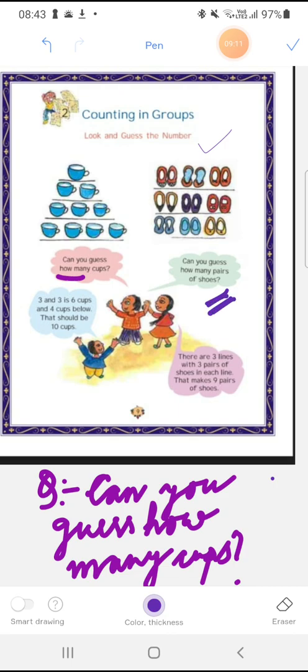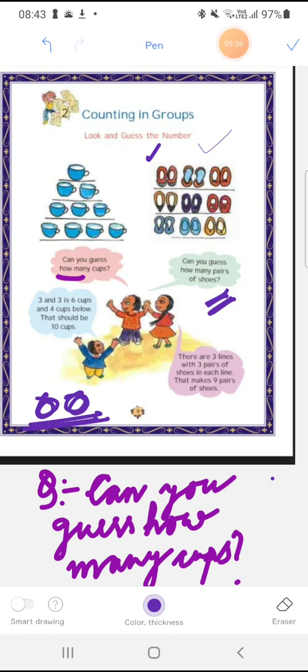Pairs means what? 2. Anything which is in pair. Suppose these 2 balls. When it is in twos, it is called a pair. Suppose you cannot wear one shoe, because the other leg will feel empty, barefooted.